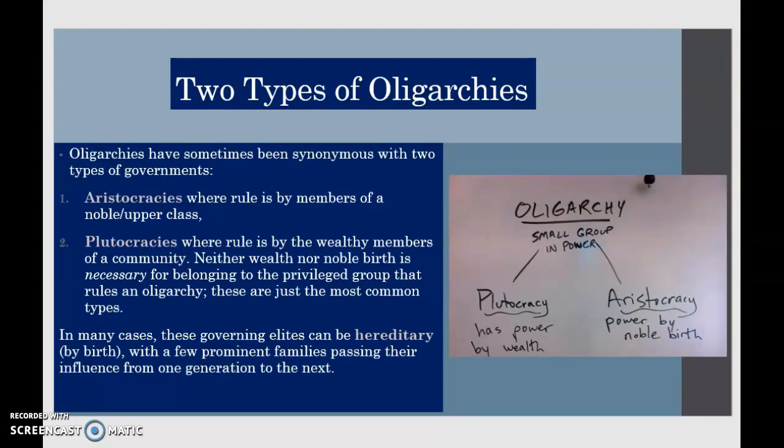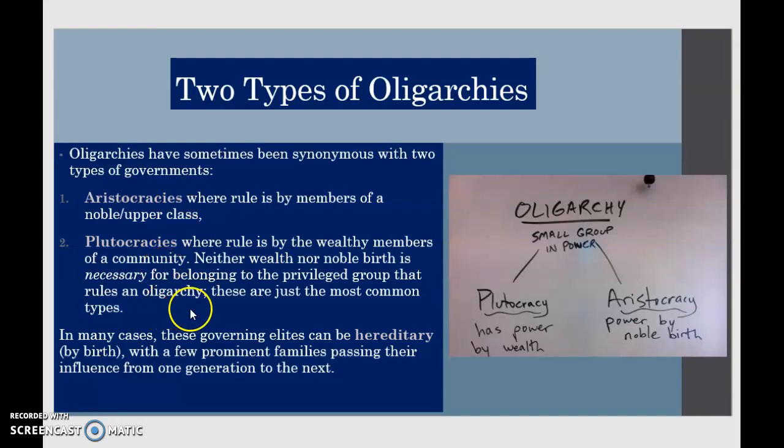The first is an aristocracy, which were ruled by members of a noble or upper class. A plutocracy is the second type, and that's where the rule is by the wealthy members of a community. So neither wealth nor noble birth is necessary to belong to the privileged group that rules an oligarchy. These are just some of the most common types.